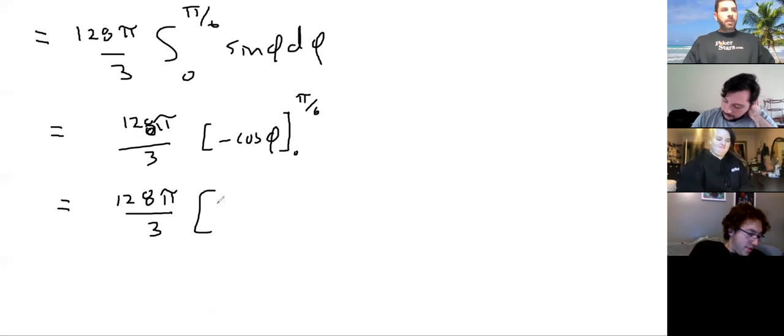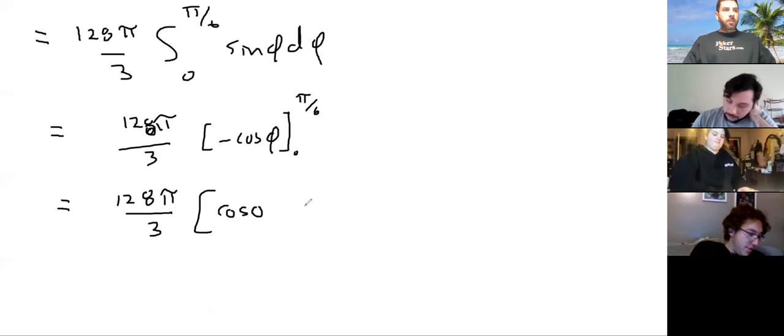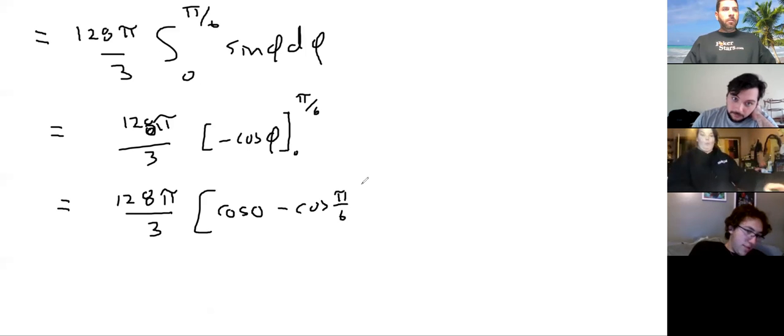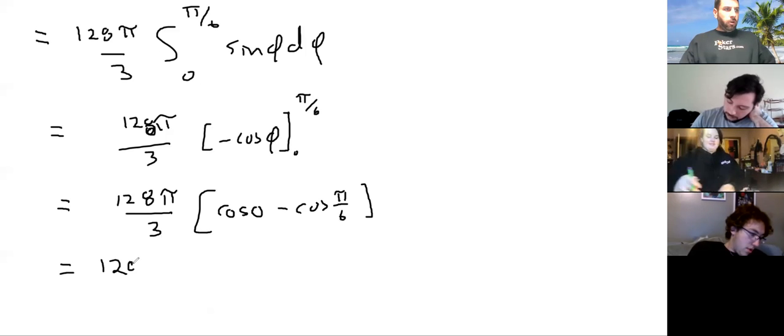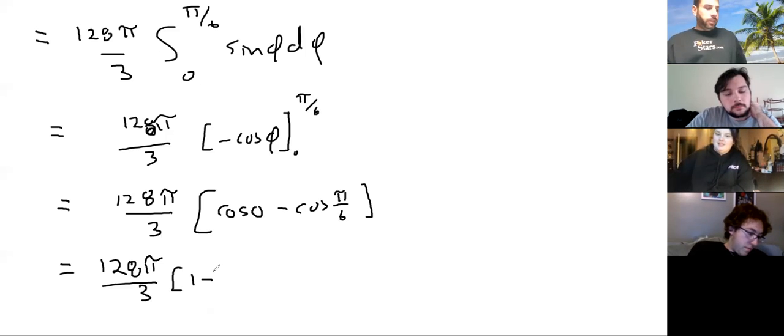So anyhow, if I'm going to switch this, I'm going to write this as cosine of 0, because minus a minus is plus, and then this is minus cosine of pi over 6. Now, if you go back to your days as a student in trigonometry, you learned that the cosine of 0 is 1, and the cosine of pi over 6 is what?